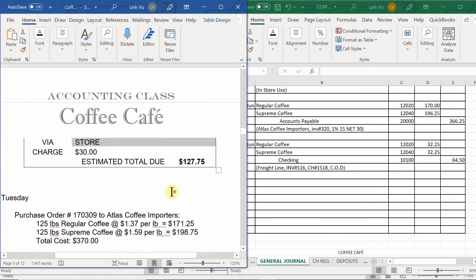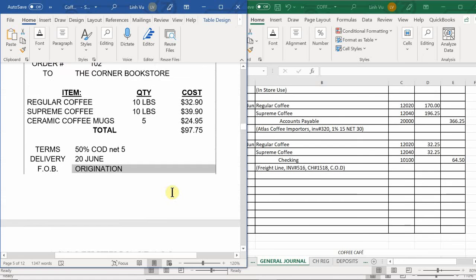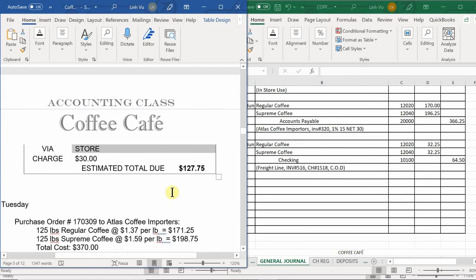So how much is the grand total amount? The total is 97.75, plus the freight, or delivery charge, of $30. Keep scrolling down, it cut off in the middle. So it's 127.75.